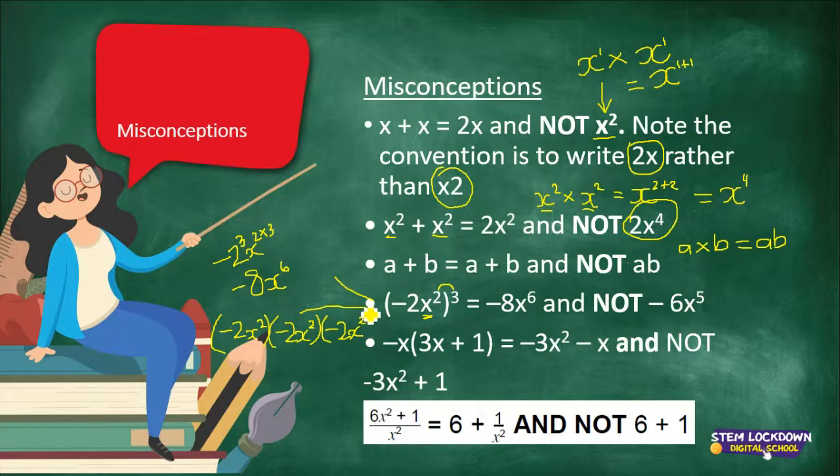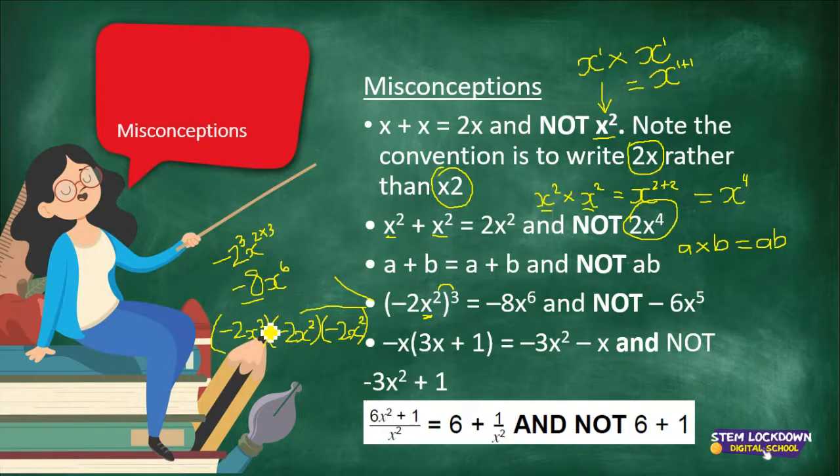Why am I timesing this term 3 times by itself? Because of the power 3. Now notice negative 2 times negative 2 times negative 2, your answer will be negative 8.